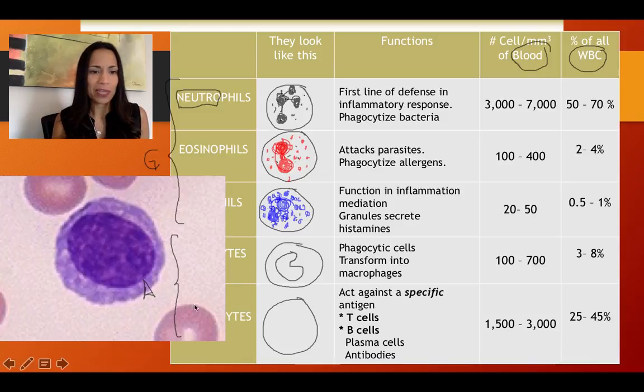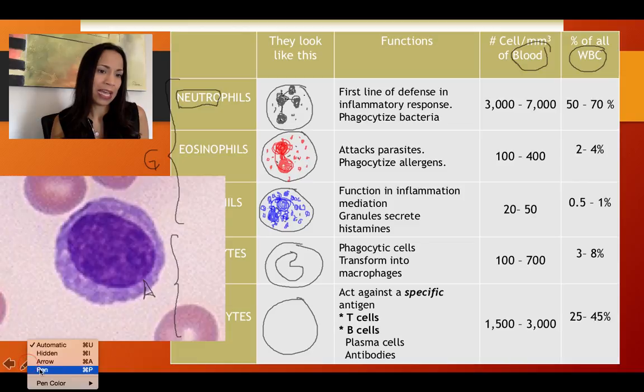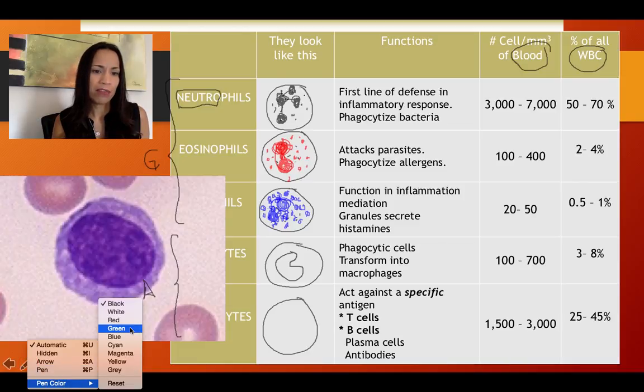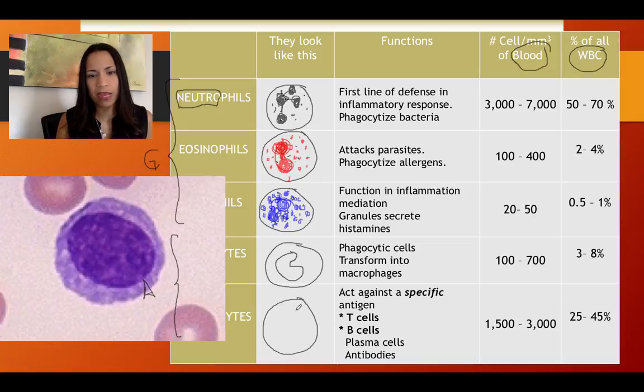These are the lymphocytes. For me, it looks like when you cut an avocado and it has only the big seed and only a little bit of halo of avocado right here in the periphery. I'm gonna put it green so you remember my avocado.